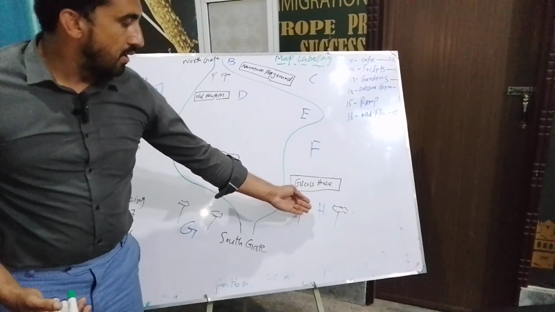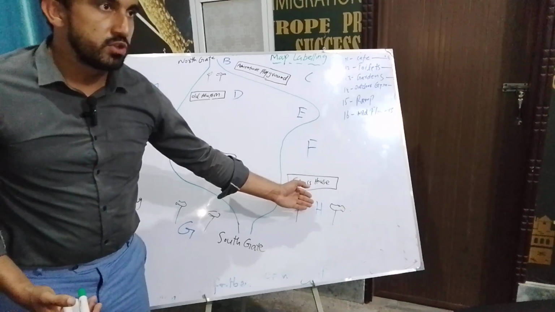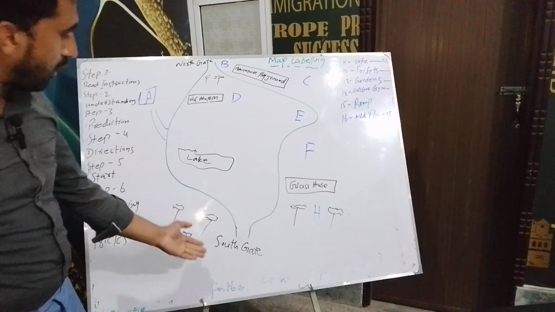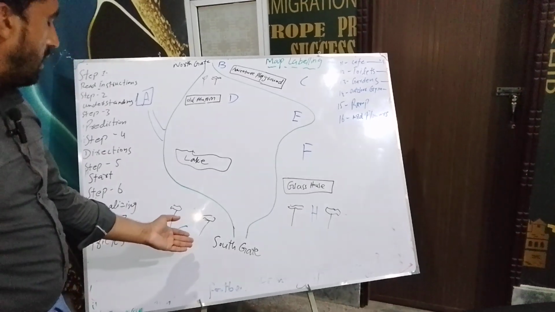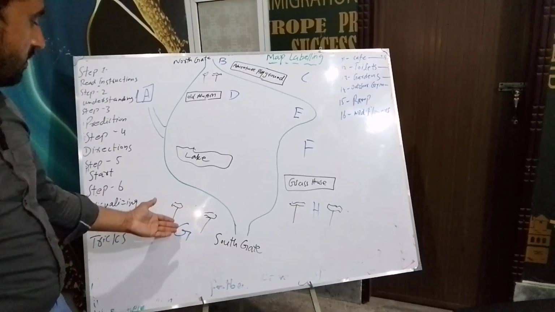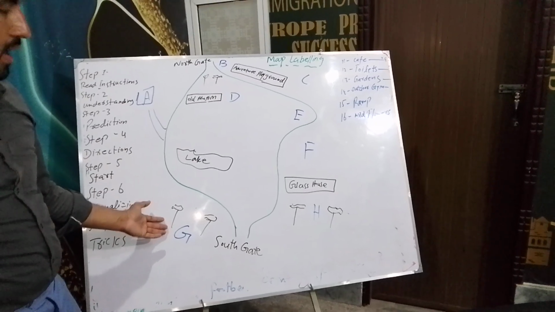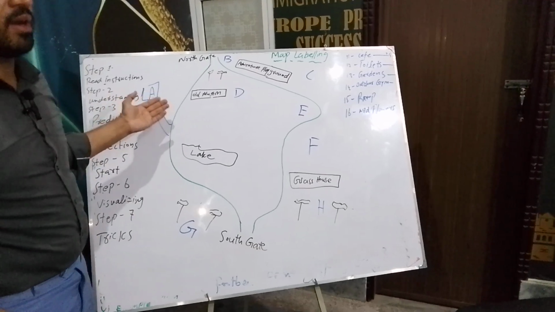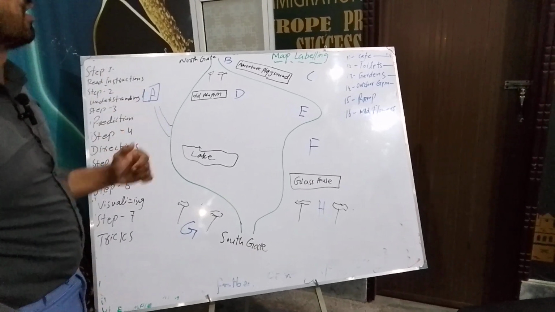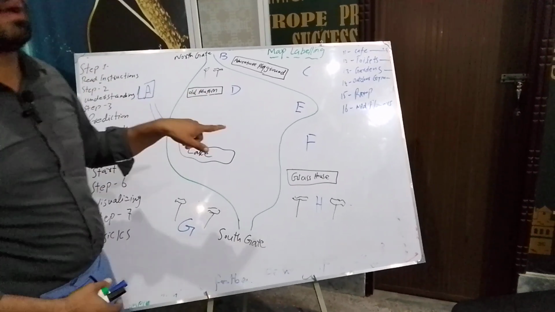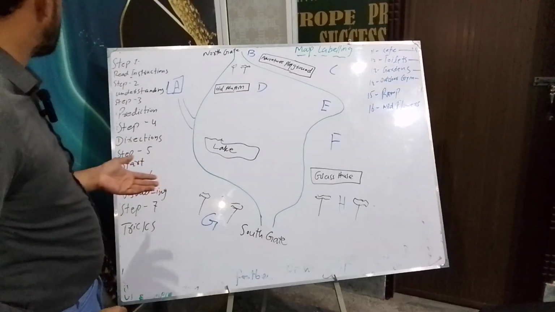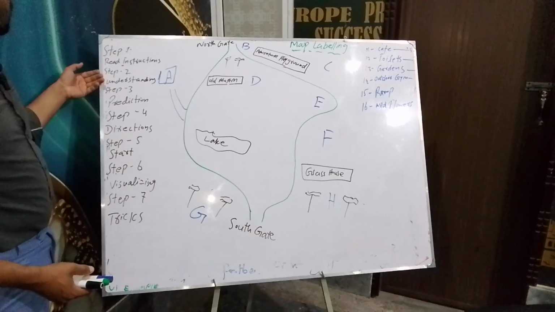Below the glass house there is also a building between the woods. Then there is the South Gate, and next to the South Gate there is also a building under the woods, and then we have a lake. After the lake we have a footpath, and after the footpath we have another building. So you must understand the map, what the map is about and what it is talking about. So step number two was understanding.